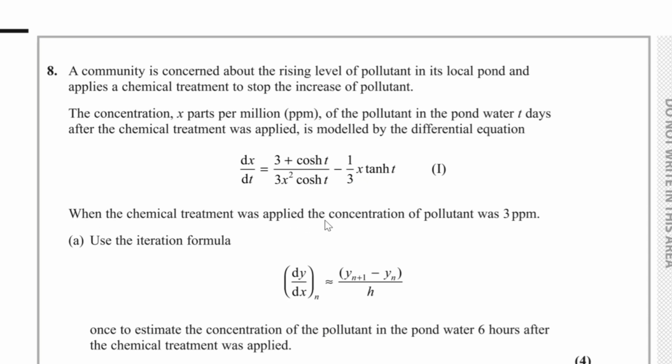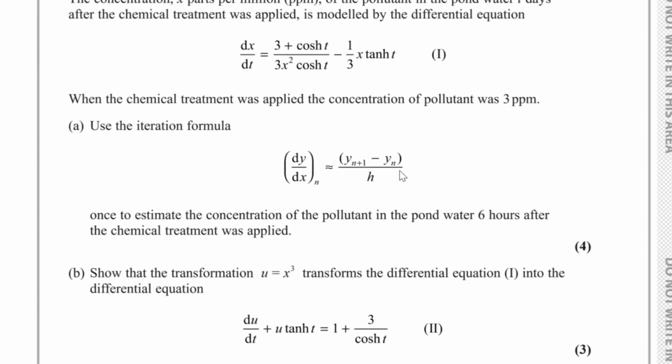When the chemical treatment was applied, the concentration of the pollutant was 3 ppm. We have to use the iterative formula shown here once to estimate the concentration of the pollutant in the pond water 6 hours after the chemical treatment was applied.